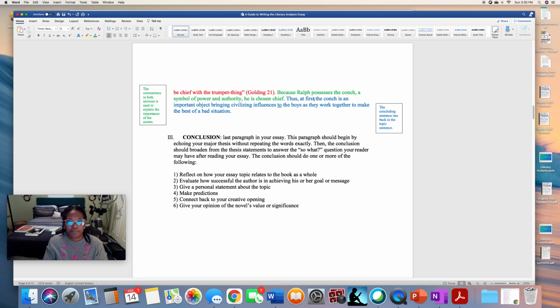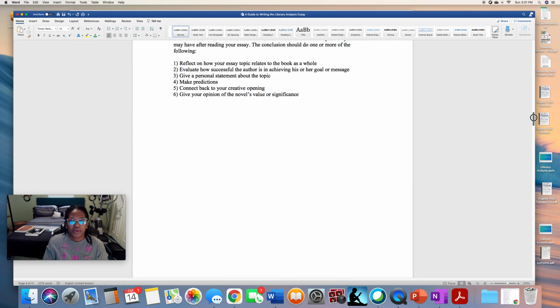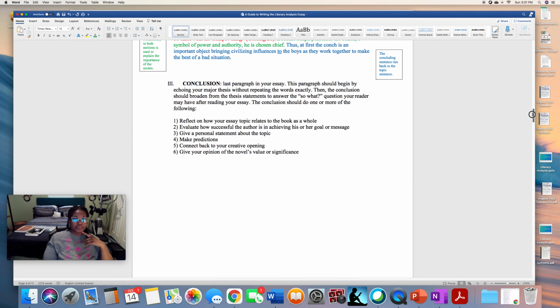Thus, at first, the conch is an important object bringing civilized influences to the boys as they work together to make the best of a bad situation. And you'll notice that the concluding sentence is a bit more general. It makes a general idea. It doesn't repeat the specific events that occurred in that body paragraph or in that topic sentence.